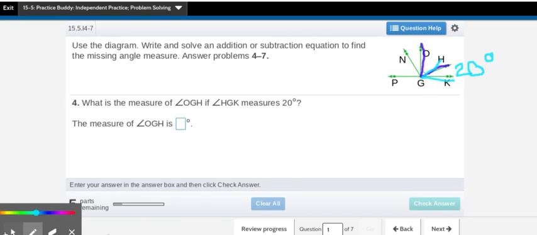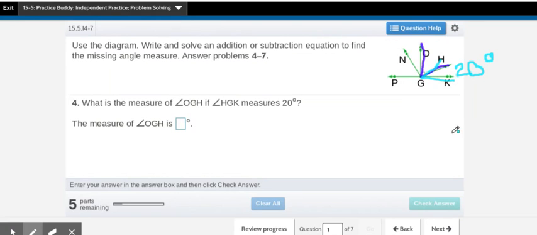Now, before I did all the drawing, you can see that the OGK, the whole thing here, was a right angle. So if that's the case that we're working with, then we know that our full thing is not dealing with 180 degrees, it's dealing with 90 degrees, which is our right angle here.